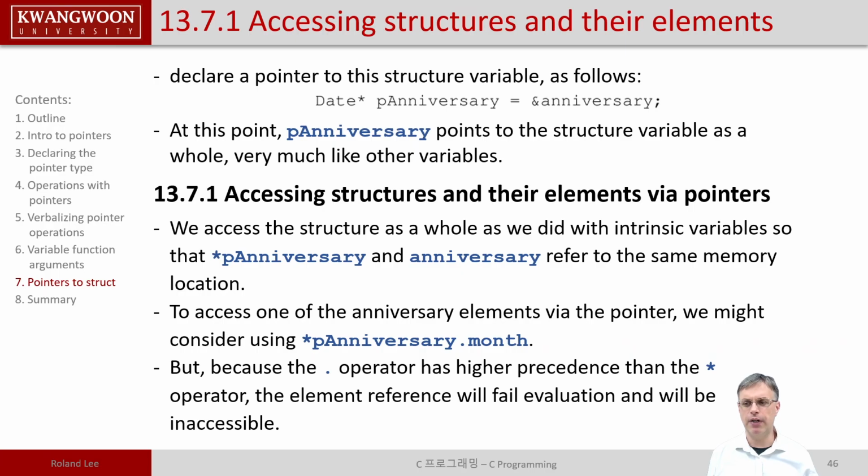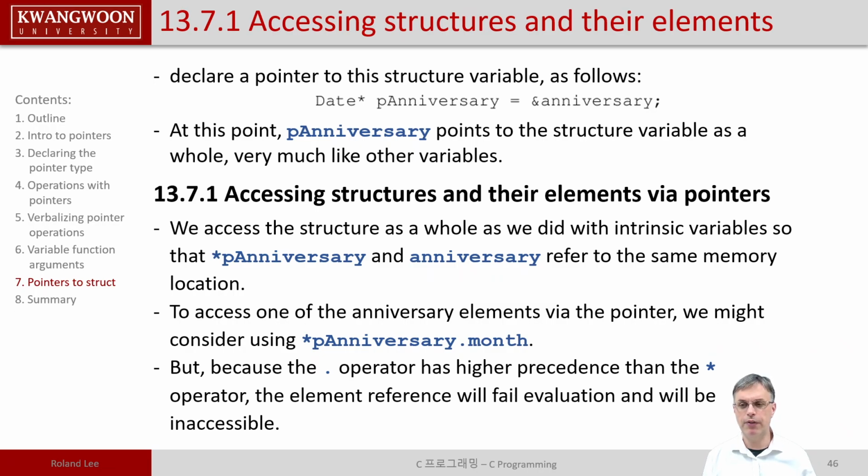Unlike intrinsic variables, we are not just interested in the structure as a whole, we are more interested in each of the structure variable's elements. So we can also access structures and their elements through pointers. We access the structure as a whole as we did with intrinsic variables, so that star p anniversary is a pointer that points to the anniversary, right?